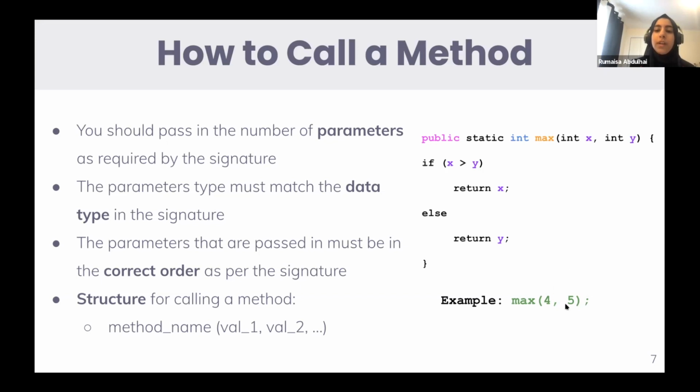So 4, for example, Rumaisa. You can't have Rumaisa, 4. And then the structure for calling the method is the method name, and inside you have the parameters that you pass in: value 1, value 2, all the way to as many as the method requires.